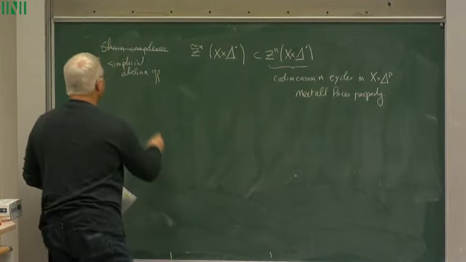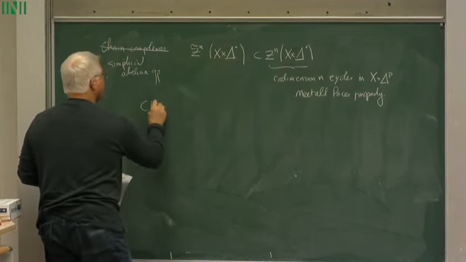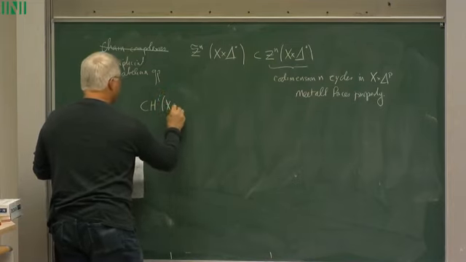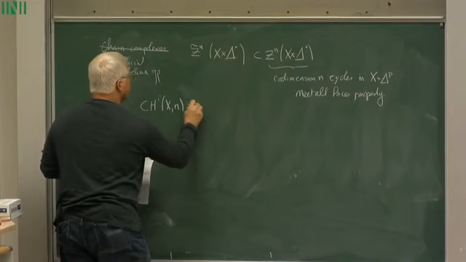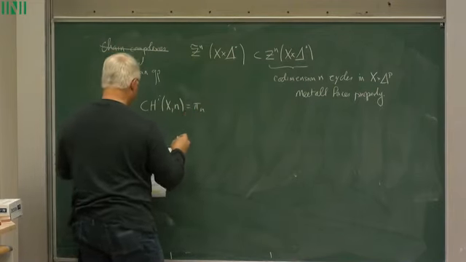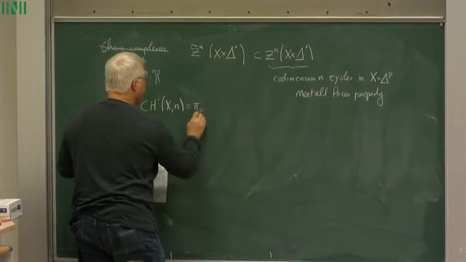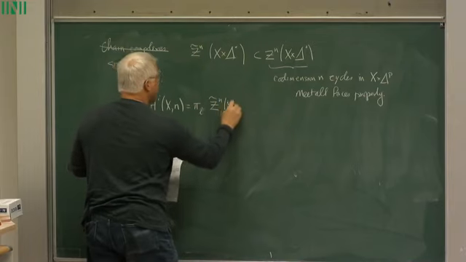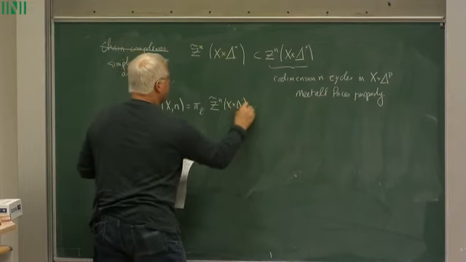And now we have the definition of the Chow group CH^i of X comma n: it's pi_n of Z tilde i of X cross delta dot.